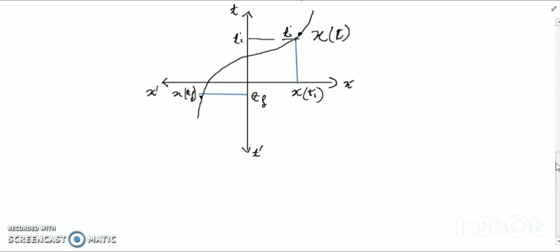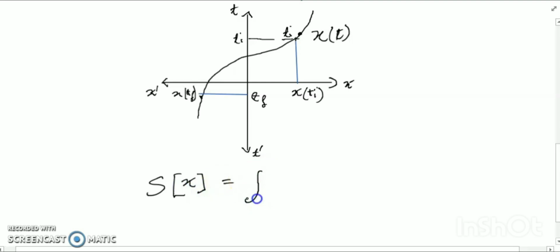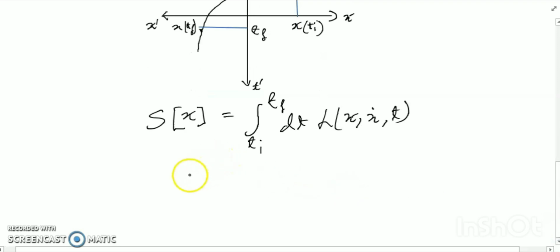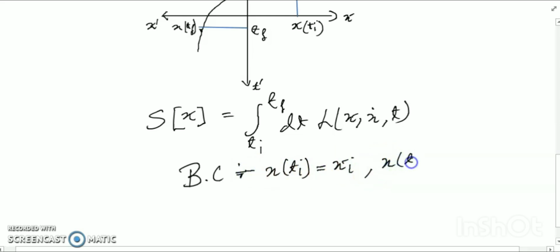The action functional is given by the action.